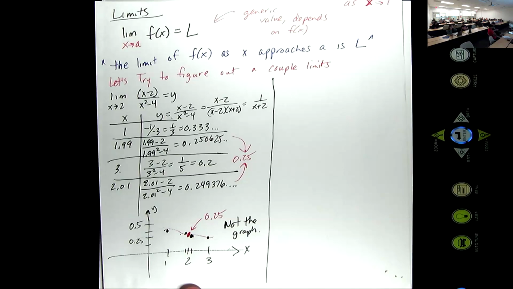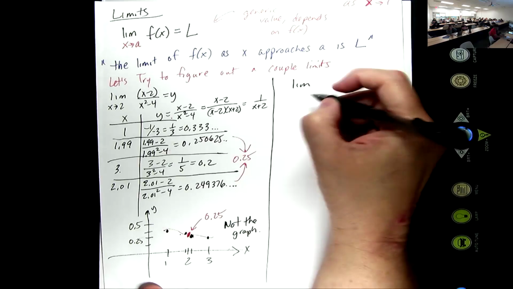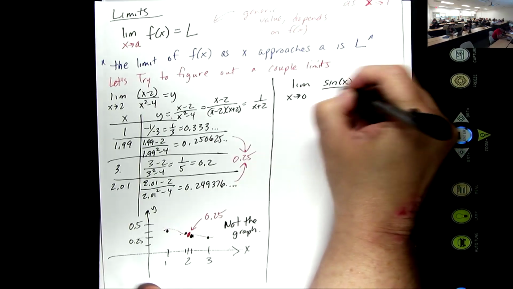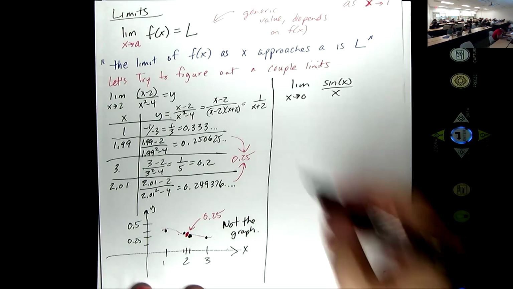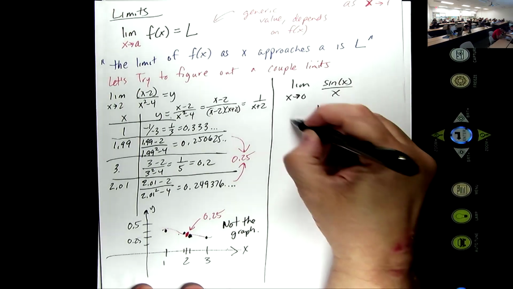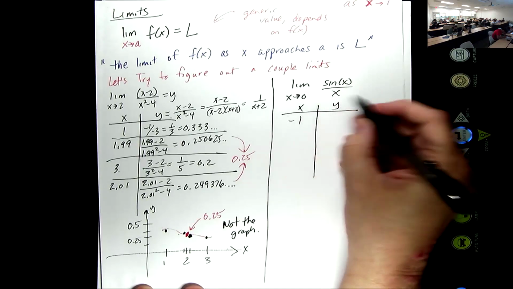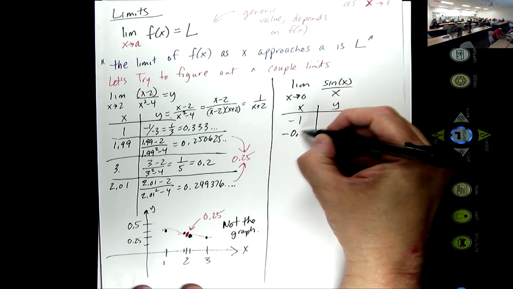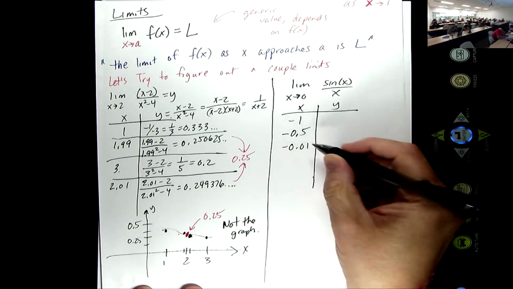Alright, let me give you guys one to try. Let's do limit as x approaches 0 of sine x over x. So maybe make a little table with x and y. Maybe do -1, -0.5, -0.01. And then come from the other way.